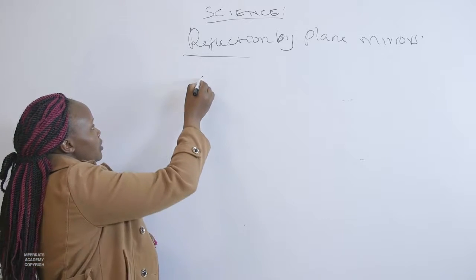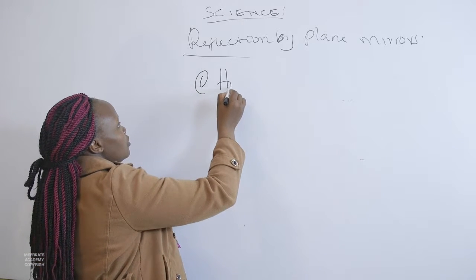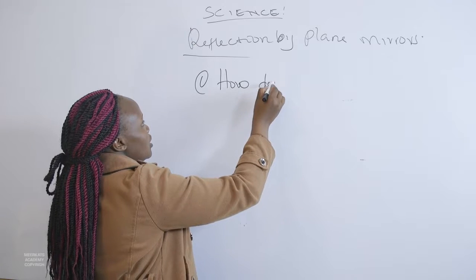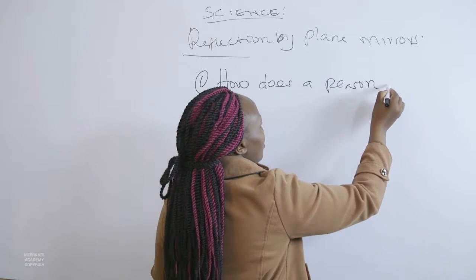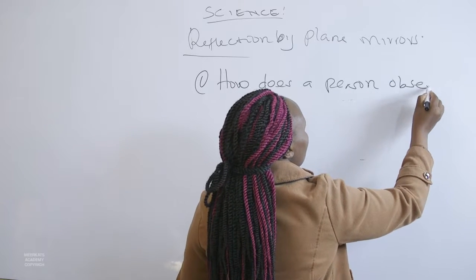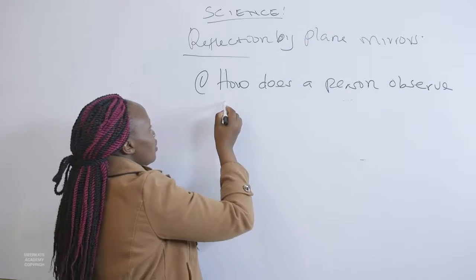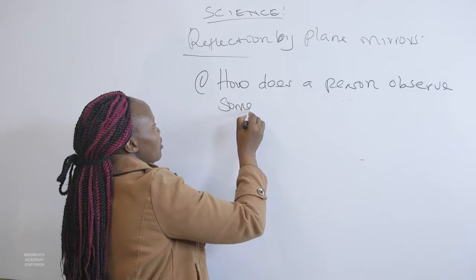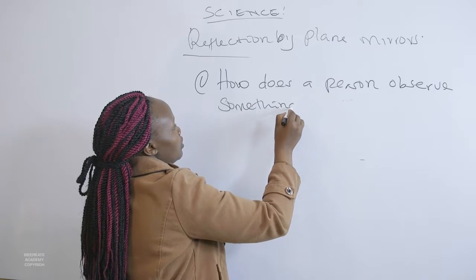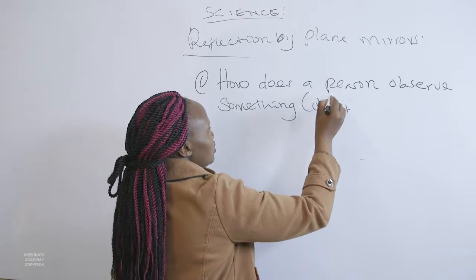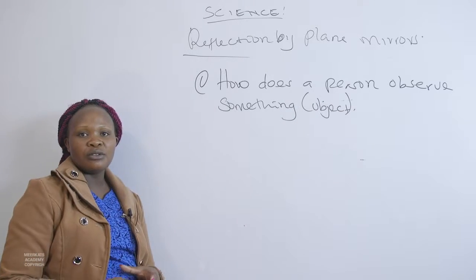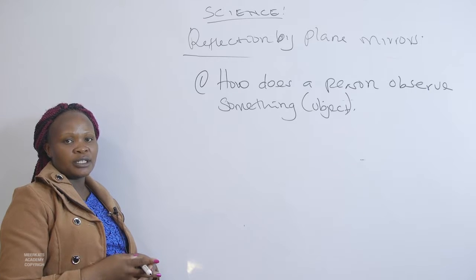And number 1, we want to explain how does a person observe something. How does a person observe something? In this case, we talk of an object. How do you observe an object?